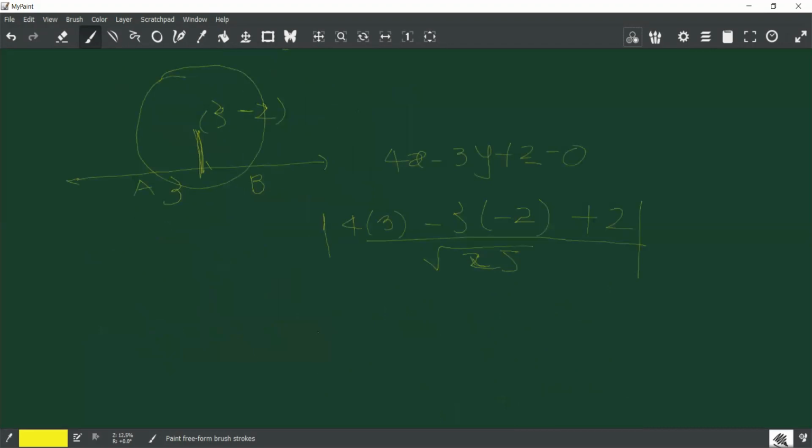So length of the perpendicular आया तुम्हारा 4 units.